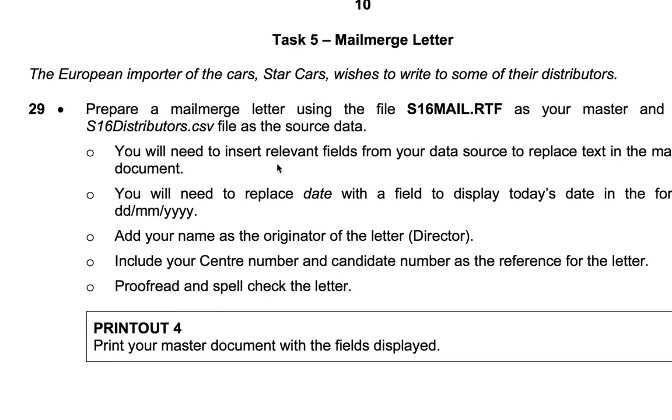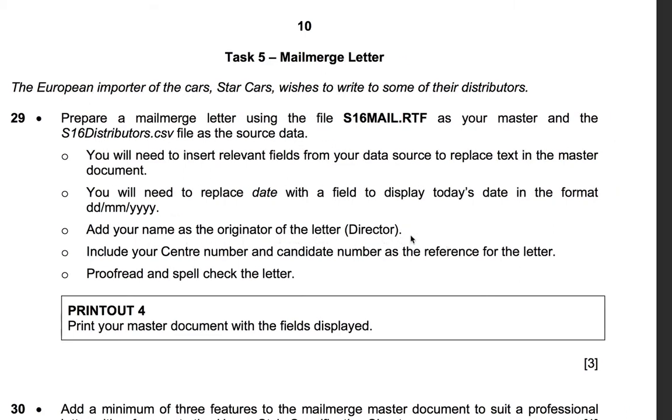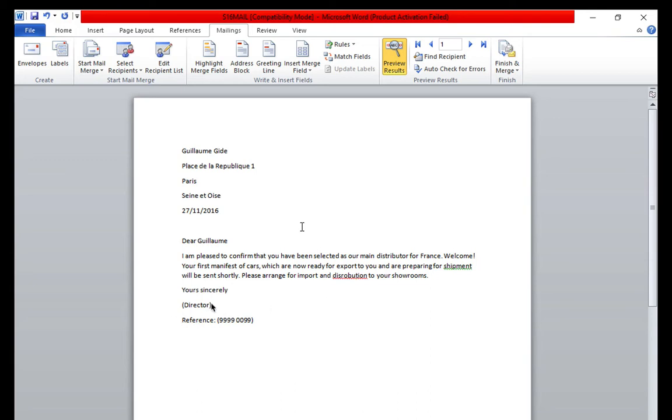Now, so we then go back. Add your name as the originator of the letter, so director. So they want us to write our names here. So in here, I would write Mr. Hassin. Okay, like so.